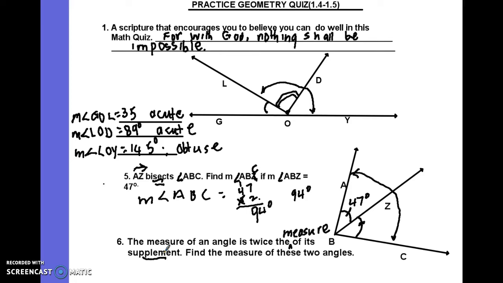So here's a good thing to do. You can make one angle x, the smaller one, equal to x. It says the measure of an angle is twice the measure of its supplement. So then the larger, being twice the smaller, would be equal to 2 times x.